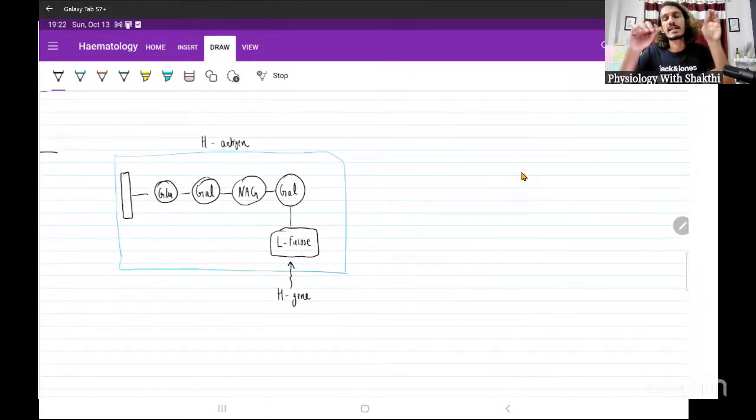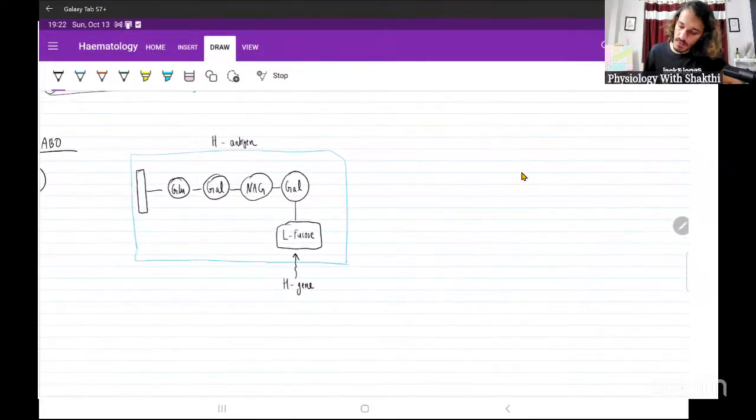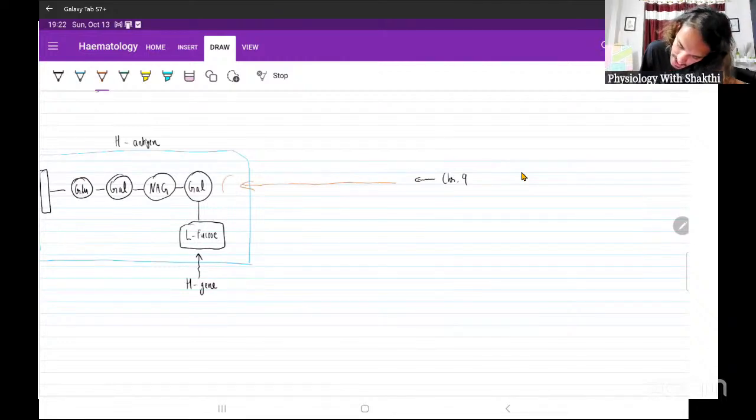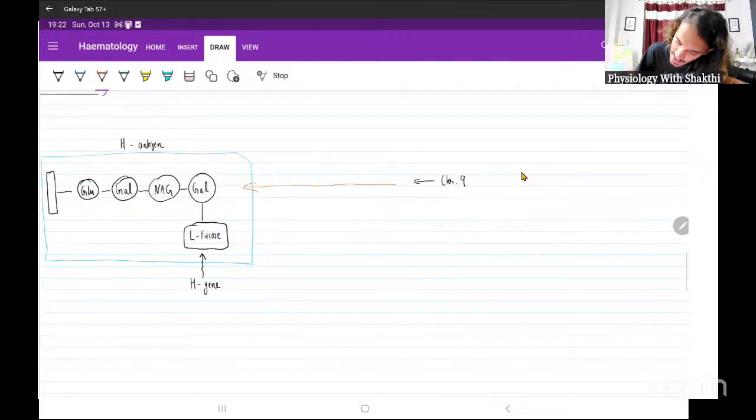So we have glucose, galactose, N-acetyl galactosamine, galactose. To that, you add an L-fucose. This becomes an H antigen. Now, to this H antigen, from your chromosome 9, if for example, over here, you end up adding at this location a galactose, another galactose, already we have 1, 2, you add another galactose.